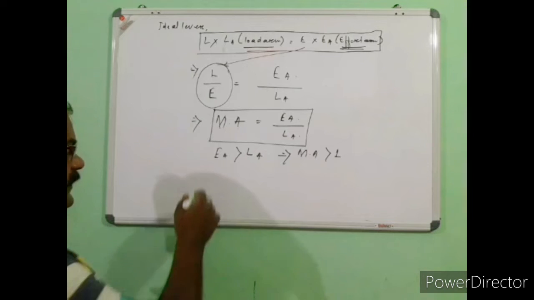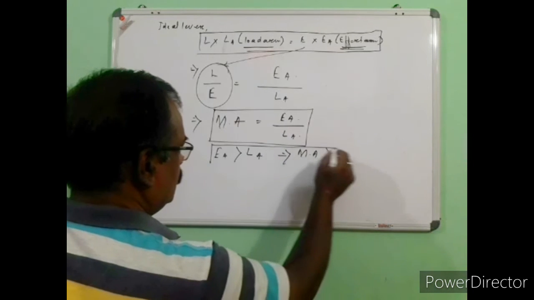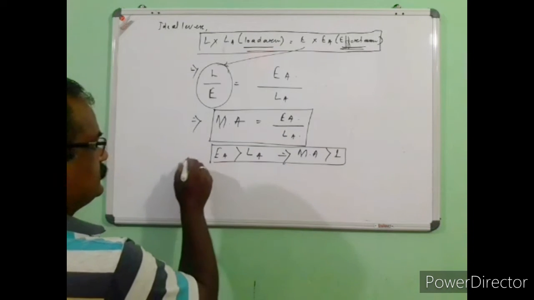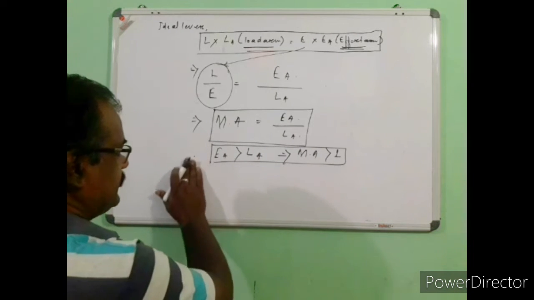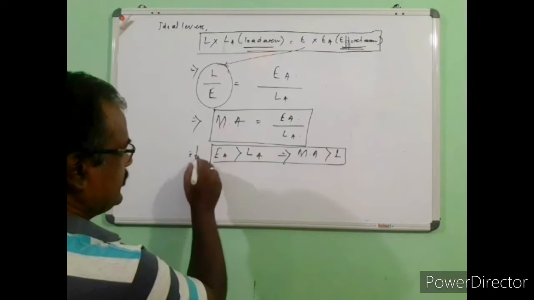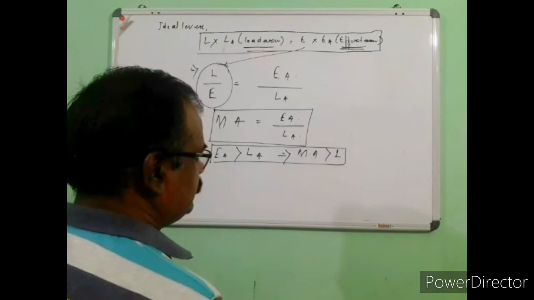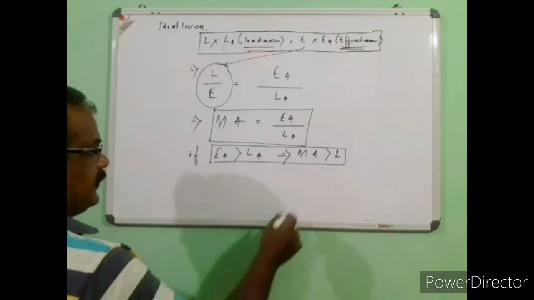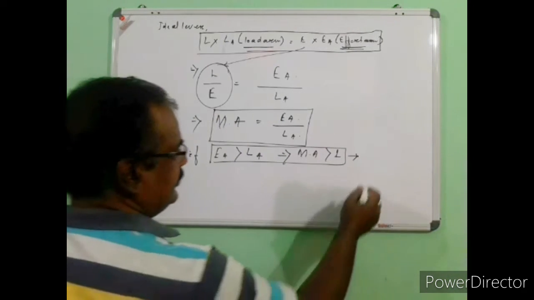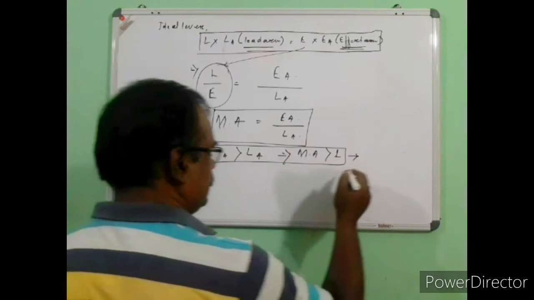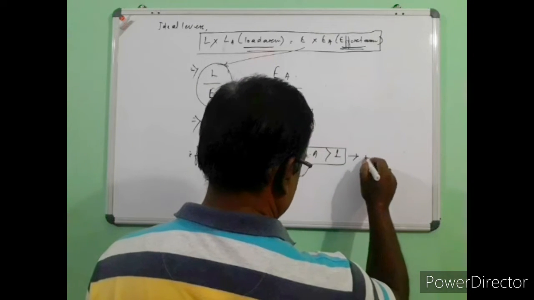So from this, we have effort arm greater than load arm. If effort arm is greater than load arm, then mechanical advantage will be greater than 1, and as we know, if mechanical advantage is greater than 1, then this basic principle can be used for a force multiplier.